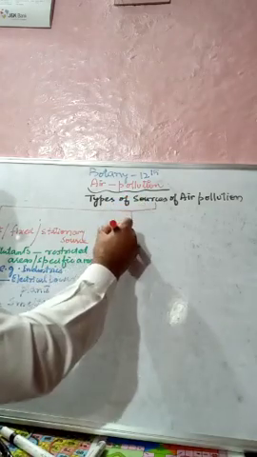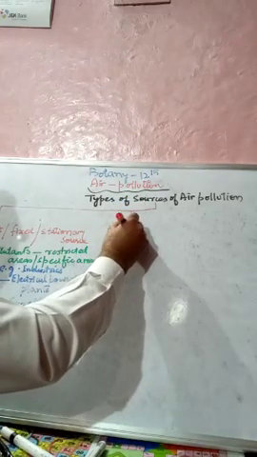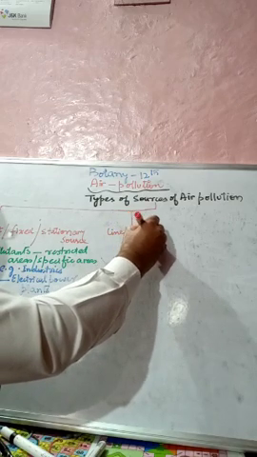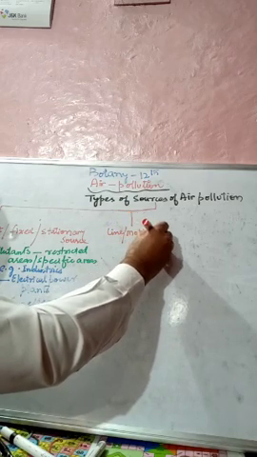This is one. Second is called line, or we can say mobile sources.